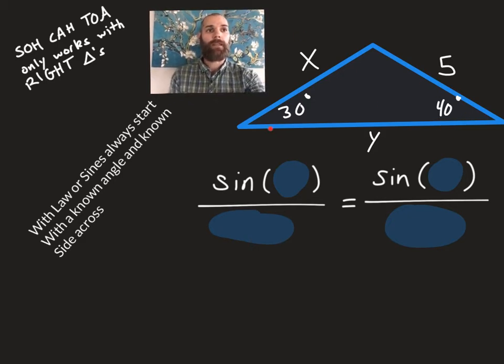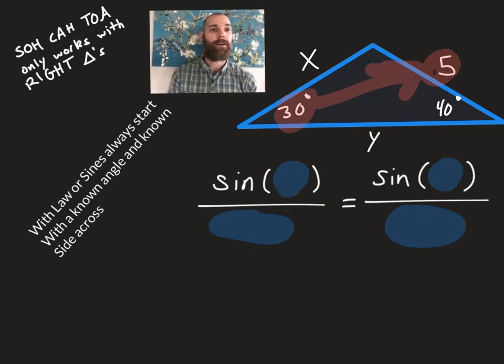But when I look at the 30 degrees and its opposite side, which is 5, I know 30 degrees, that's a known angle, and I know 5. So I know both of those things. That is really good news for me because that means I can use law of sines. So first, I'm going to look for an angle and an opposite side where I know both of the values.